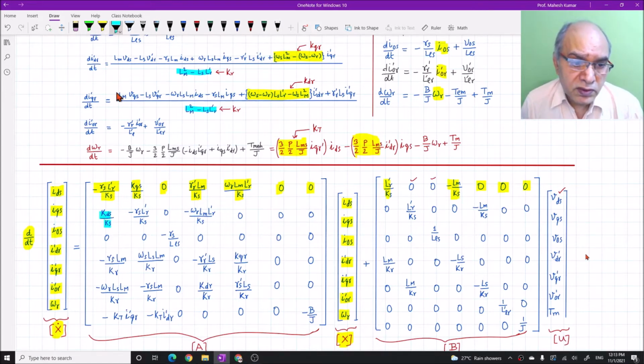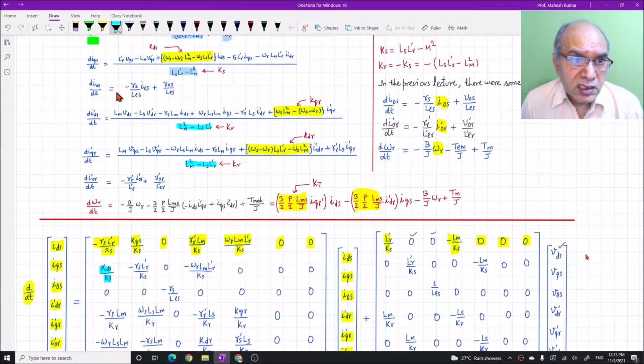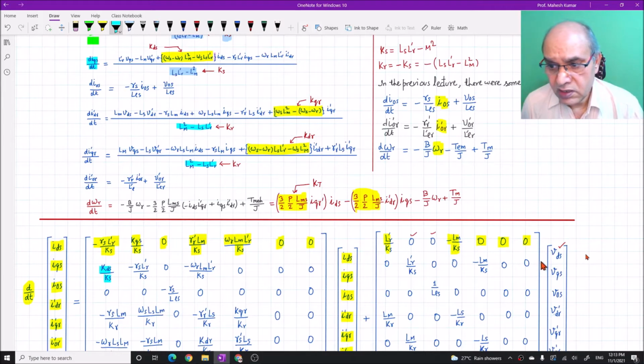You can observe the current diqs by dt here. From this, just put the coefficients of the state variables and the input variables. Then you will find that these coefficients are Kds by Ks, minus Rs Lr dash by Ks, 0, minus omega r Lm Lr dash by Ks, and 0, 0, 0.